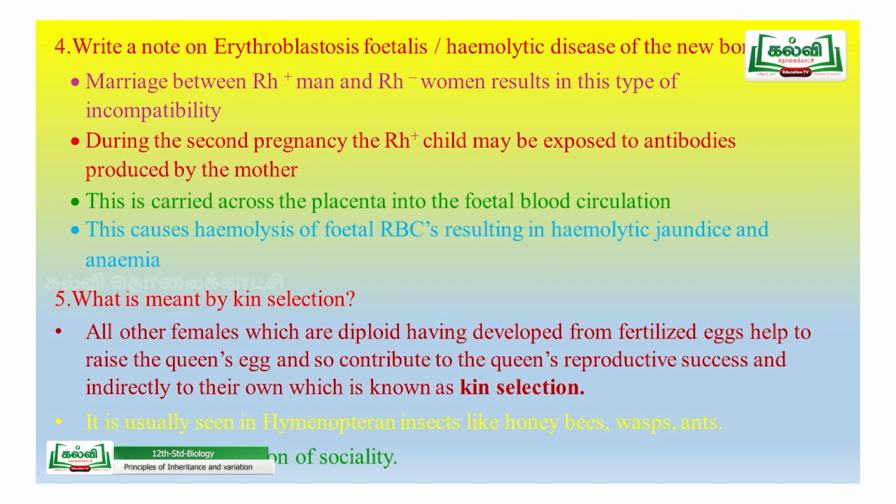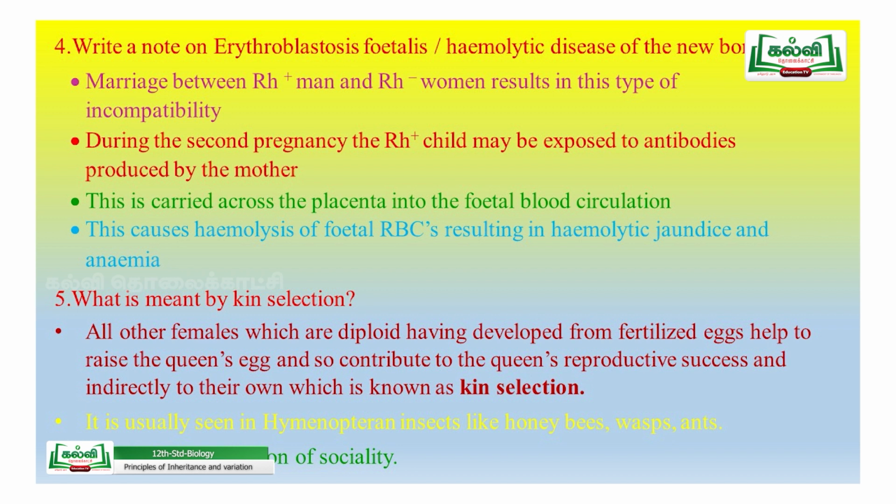These antibodies produced in the mother cross the placenta and go into the fetal blood circulation. When they enter, they cause hemolysis. Hemolysis means breakdown of the RBCs, and it causes jaundice and anemia in the new child.